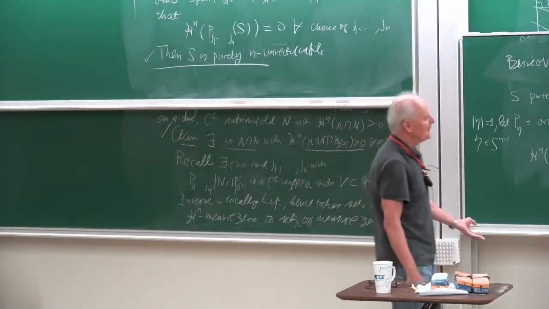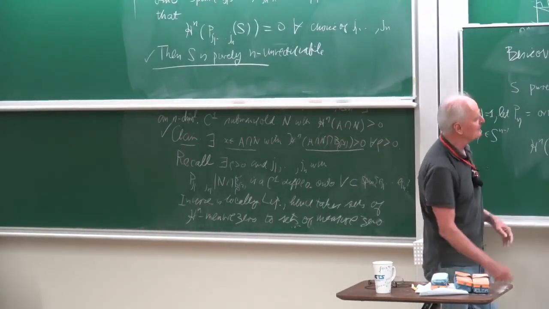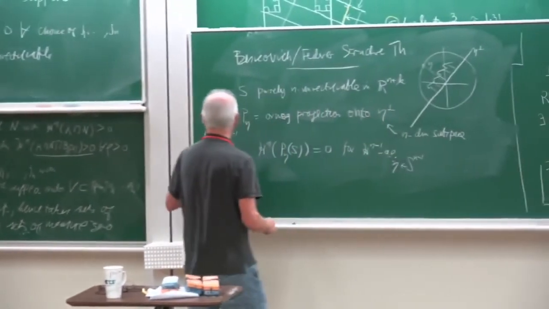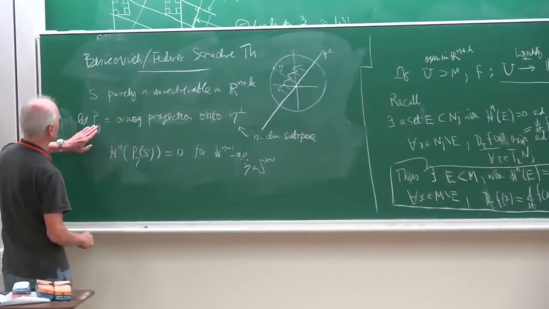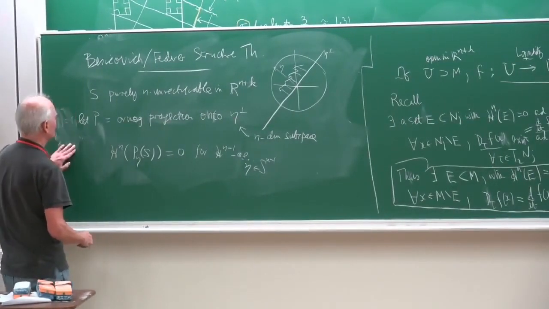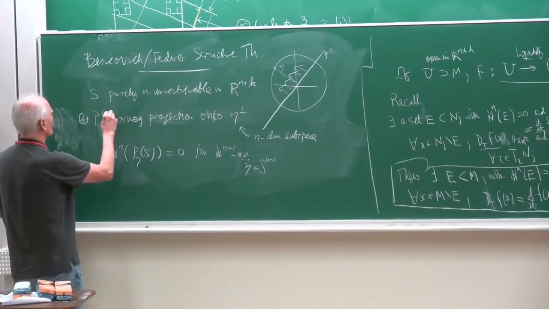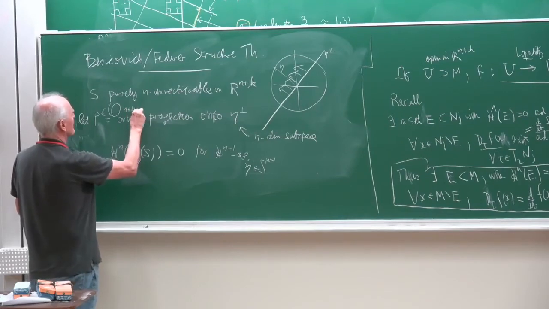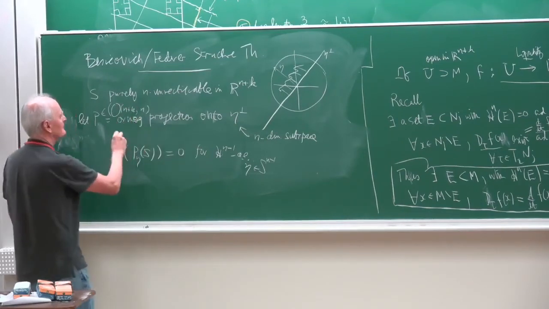Okay, so anyway, that's the result, and you don't have to be in R^(n+1); in R^(n+k) you take any orthogonal projection. Then you look at all the orthogonal projections of n plus k dimensions down onto an n-dimensional subspace.